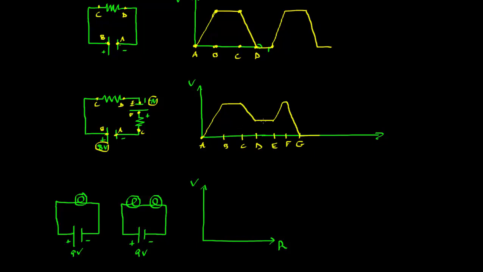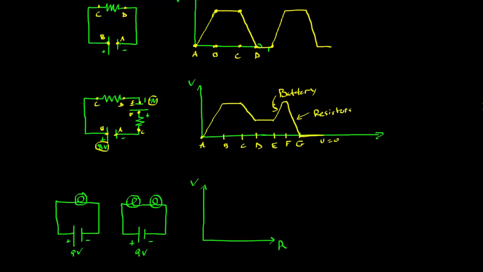So you get a pump up somewhere. This indicates that there's a battery. Whenever it goes up, you have a battery. When it goes down, you have resistors. And the other thing is to know that your potential is 0 at the end. So you'll lose all your potential before you go back into the battery.